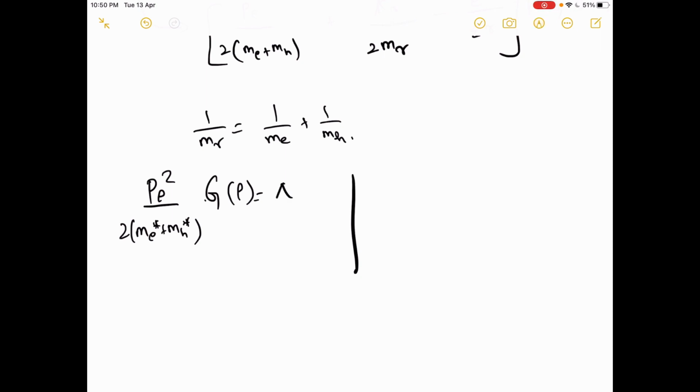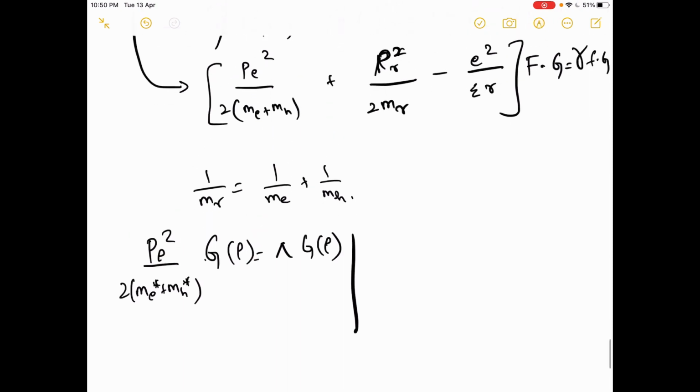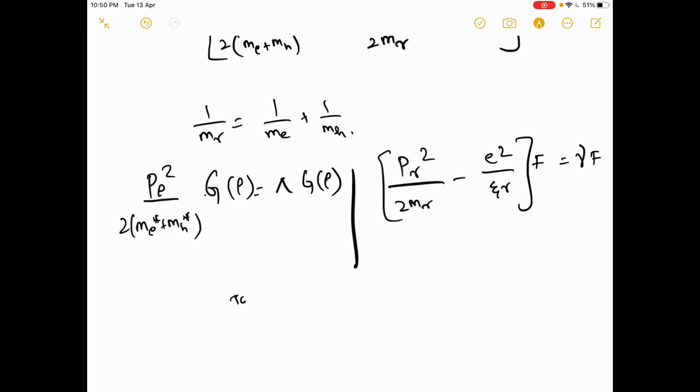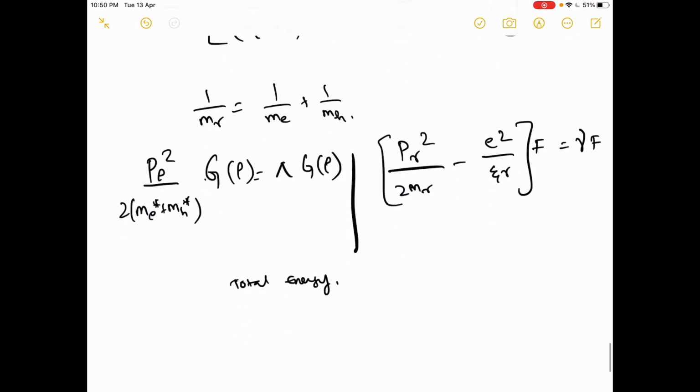This is the eigenvalue times g of rho. And the second part, which is p of r square by 2mr minus e square by epsilon r, acting on f, will give me some, let's say, nu times f, and the total energy, this is the gamma that I wrote here, is the summation of this plus nu.